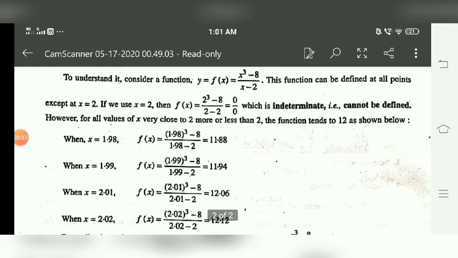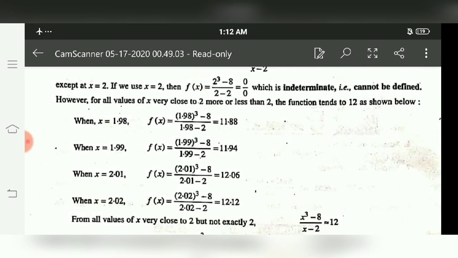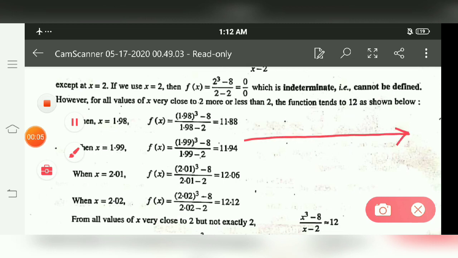However, for all values of x very close to 2, more or less than 2, the function tends to 12. If we take different values of x, x0, x1, x2, as we know, at exactly x equals 2, the answer is undefined.